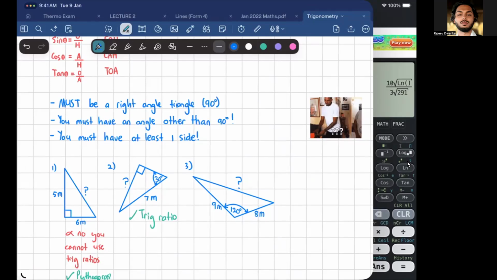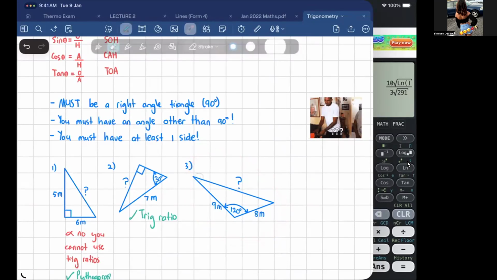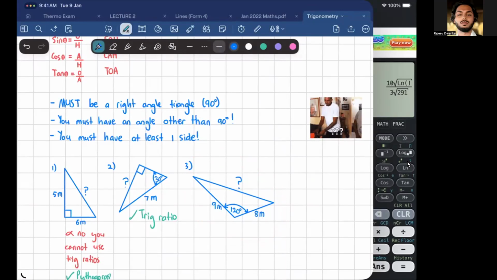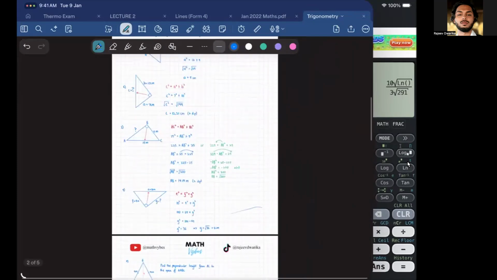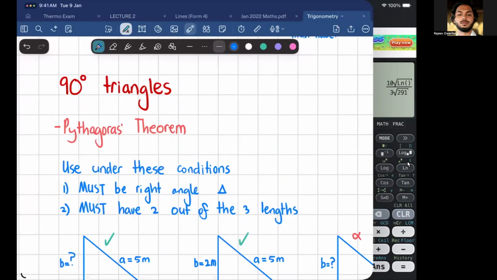Tell me, Simran, are you seeing any 90 degrees over here? No. So is it a right angle triangle? No. So can we use Pythagoras theorem on this? Yeah. Again, I catch you lacking. Let me go back up to Pythagoras theorem. What are the conditions to use Pythagoras theorem?